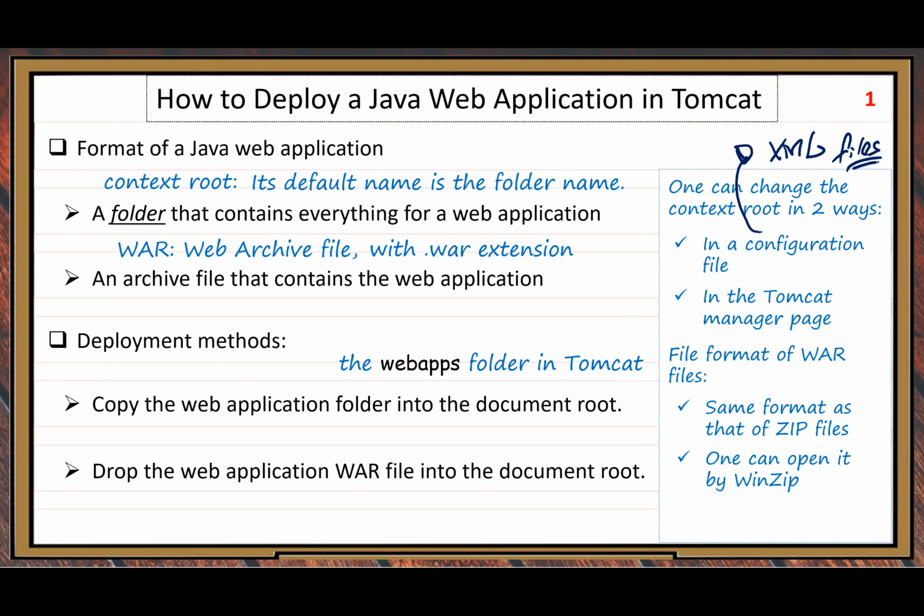Next, another way we can deploy a Java web application: drop the web application WAR file into the document root. This time, you do not need to use software like WinZip to open it and extract it. It's not necessary.